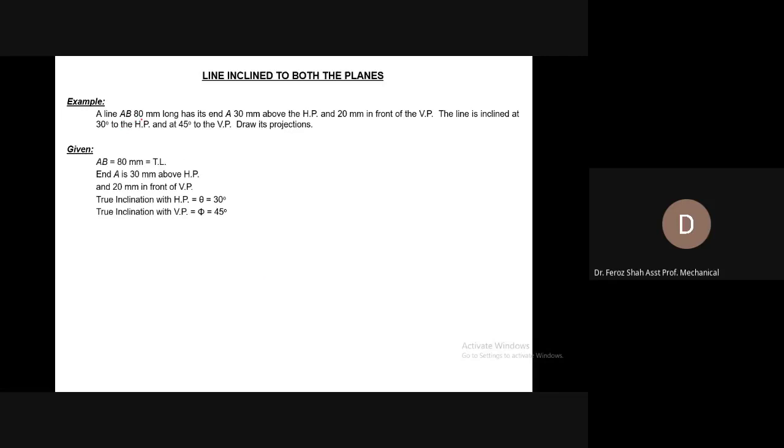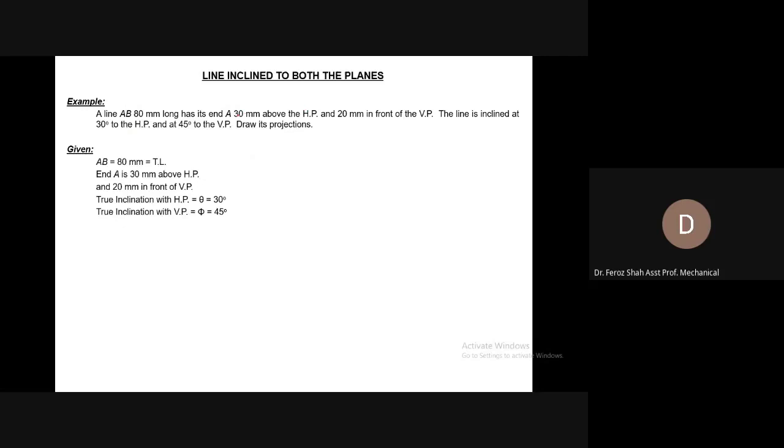A line AB 80 mm long has its end A 30 millimeter above the horizontal plane and 20 millimeter in front of the vertical plane. So the line is 80 millimeter long. It has two ends, and the position of end A is given relative to the horizontal plane and the vertical plane.